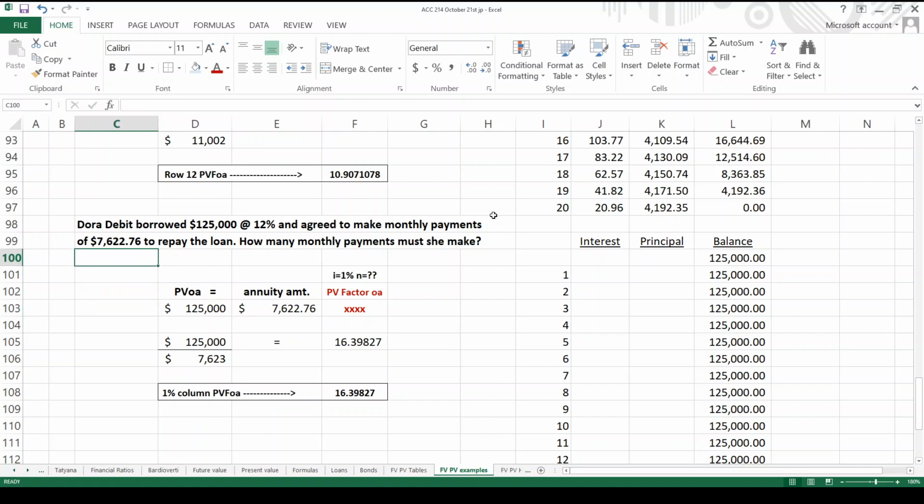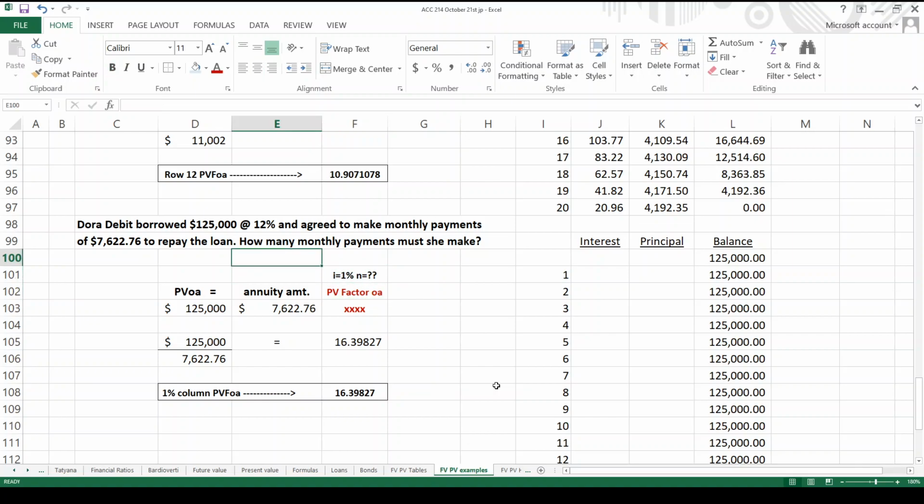That's the monthly payment. Okay? Once again, what are we going to do? We're going to divide both sides of the equation by 7622.76. We're going to get this number, 16.39827.